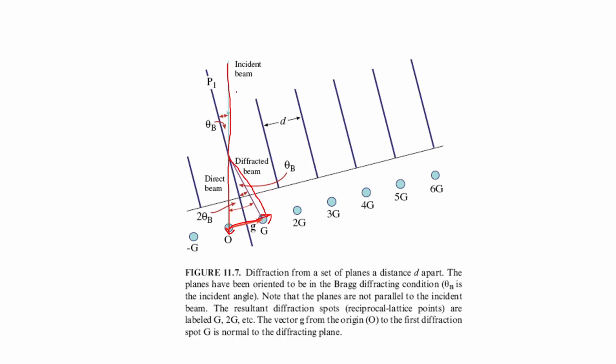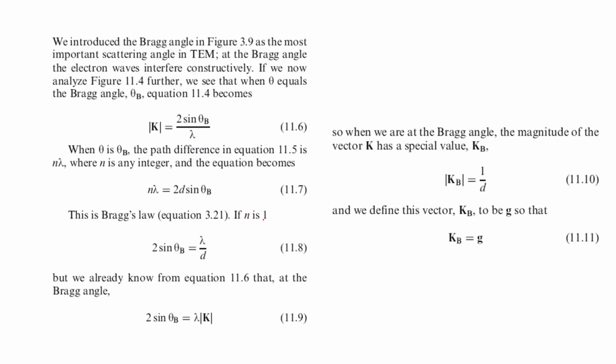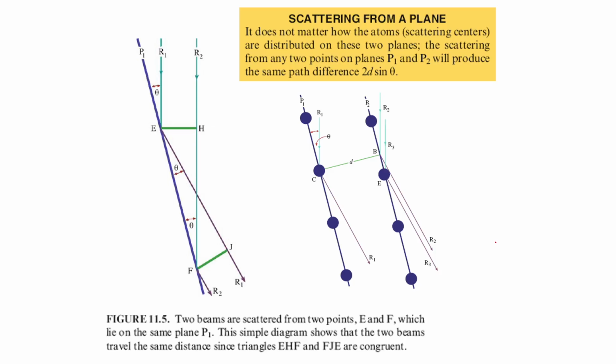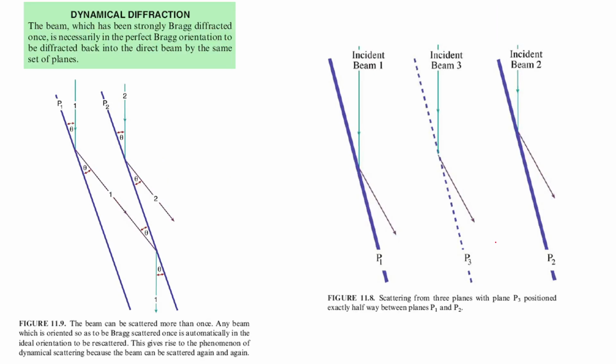So when your incident beam is falling on your plane, it is diffracted, and the distance between the direct beam and the diffracted beam is known as this G, which is given by 1 by d, which we discussed in the previous slide, where G was a vector whose magnitude was given by 1 by d.